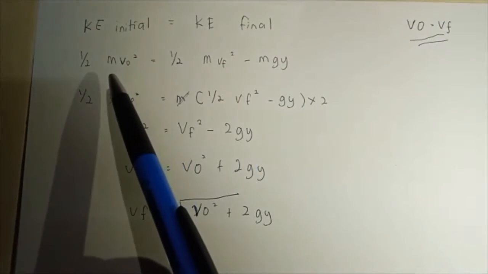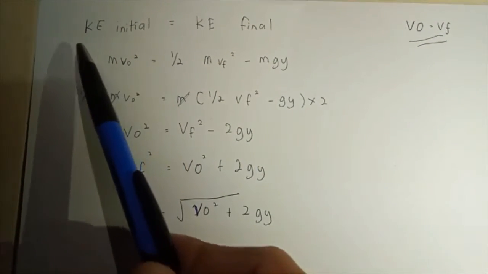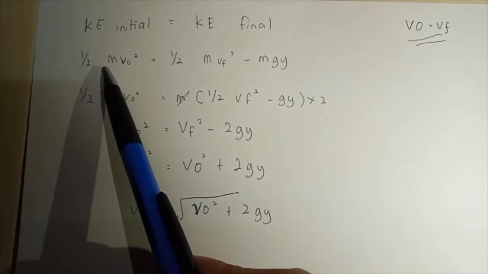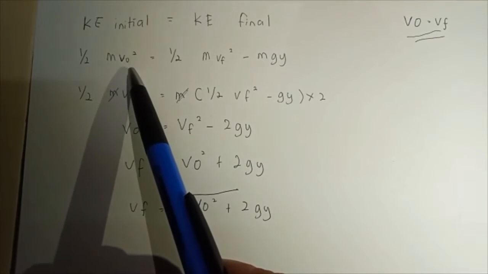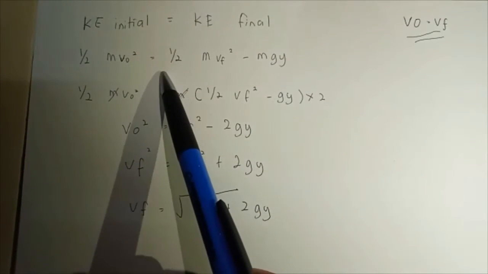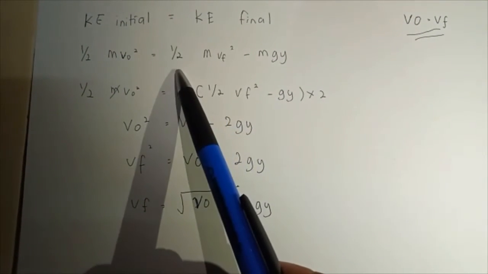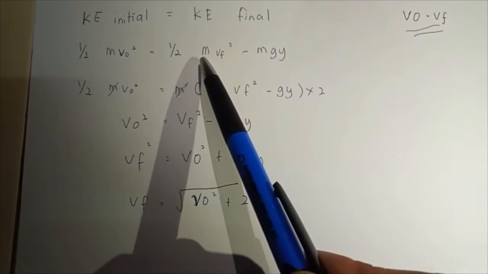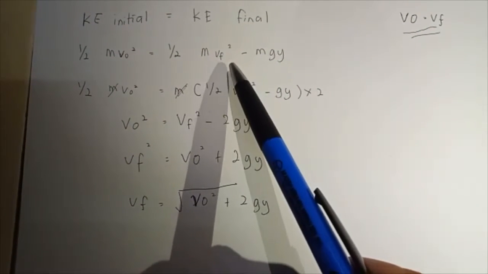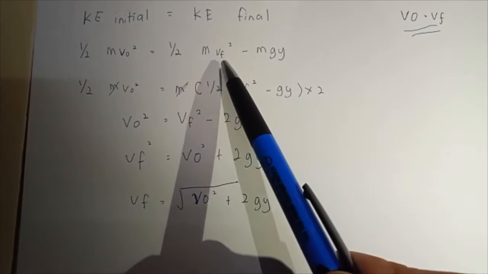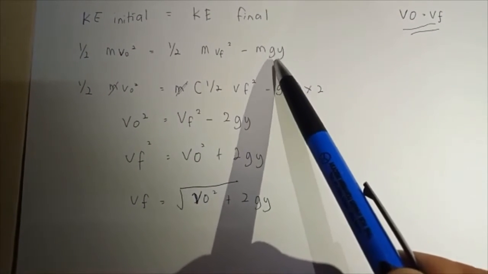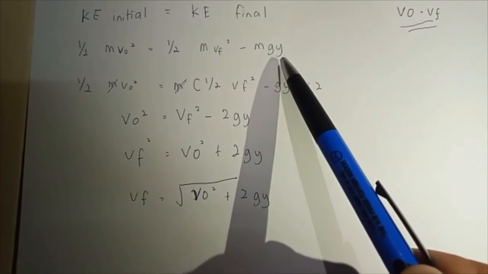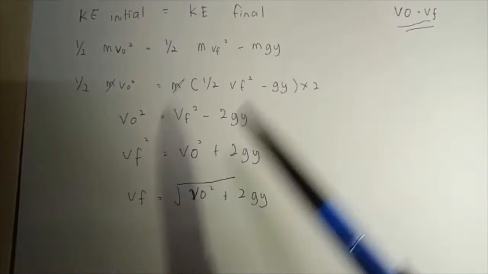On the left hand side, we have 1/2 times mass of water times velocity initial squared equals 1/2 times mass of water times velocity final squared minus mass, gravity and height.